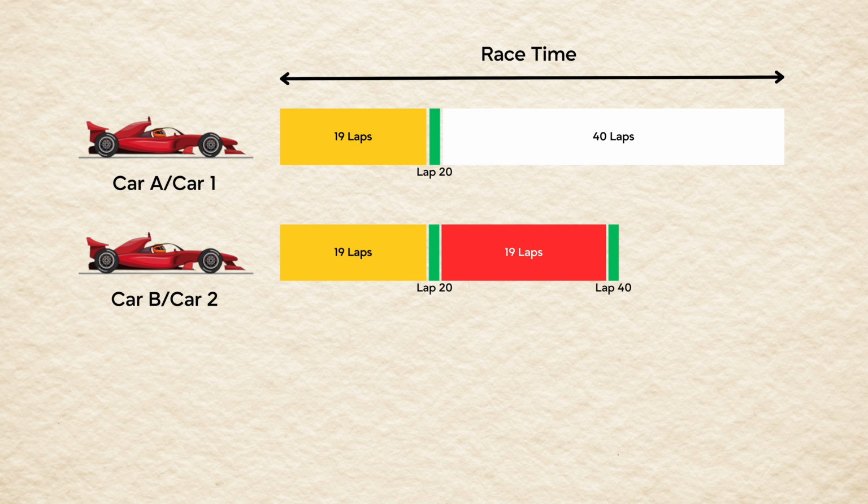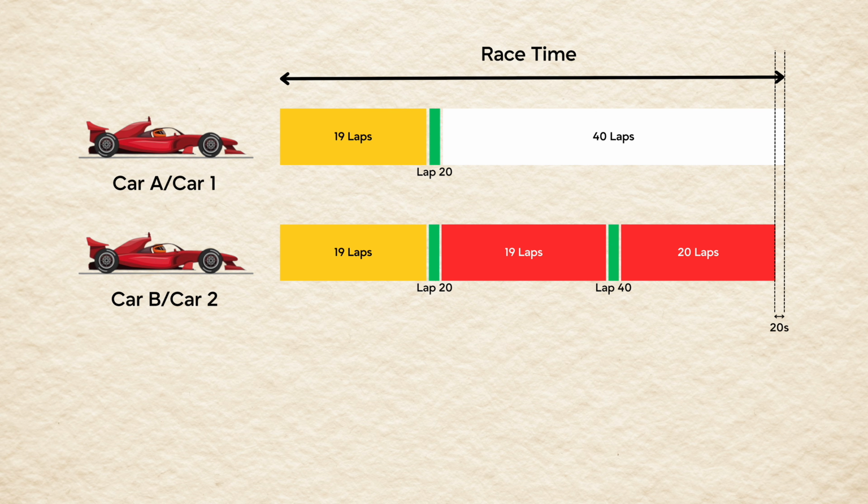Let's say it is 1 second, which means a soft tire is 1 second faster than a hard tire, which means over the next 20 laps, the soft tire car is going to build a lead of around 20 seconds. So at lap 40, car number 2 can afford to do another pit stop of 20 seconds, come out on another set of soft tires, and still get a 1 second advantage over the hard tire and finish the race 20 seconds ahead of car number 1.